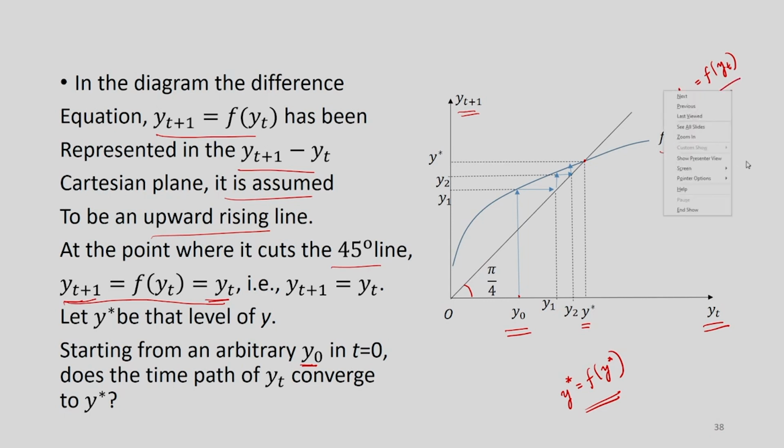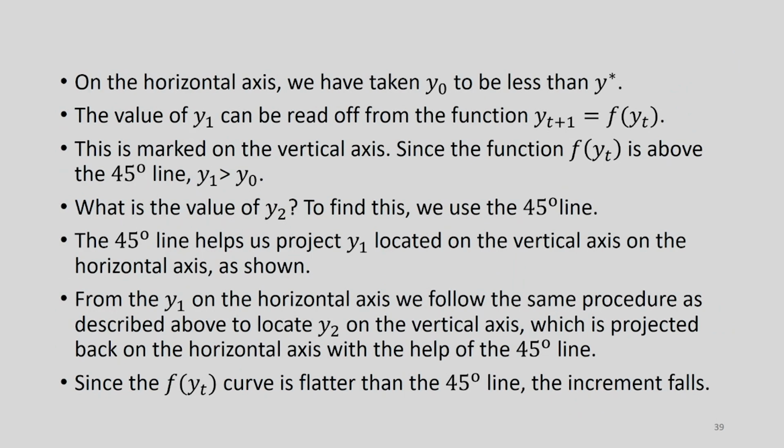From y0 we draw a vertical line and go to the point on this curve, and that will give me y1, because that is the next period's y, which is determined by the function. So, the value of y1 can be read off from the function yt plus 1 equal to f of yt. This is marked on the vertical axis.